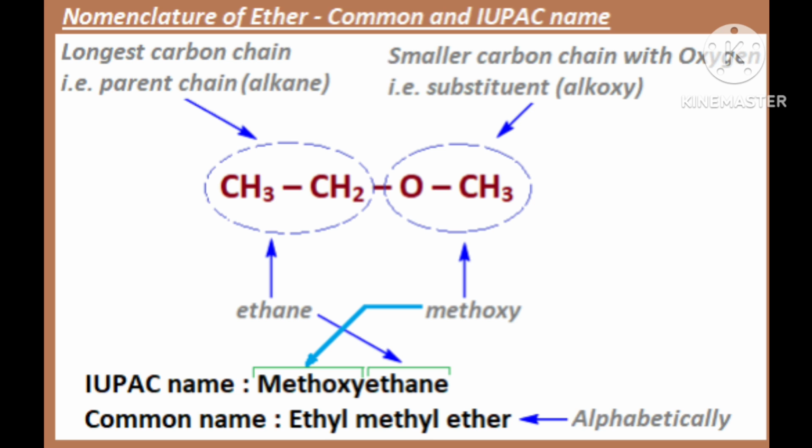Then you have to follow alphabetical order. Here the letter M comes first, then phenyl, P, comes later on. Then first you write methyl phenyl ether, not phenyl methyl ether. Methyl phenyl ether. Okay, this is the common name.